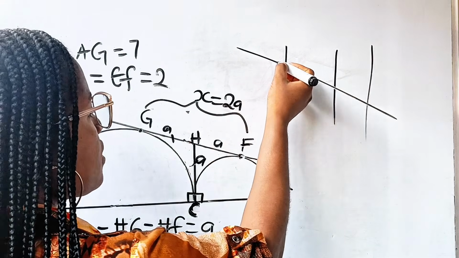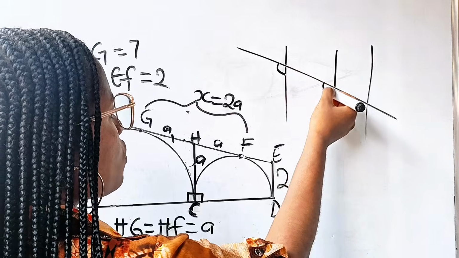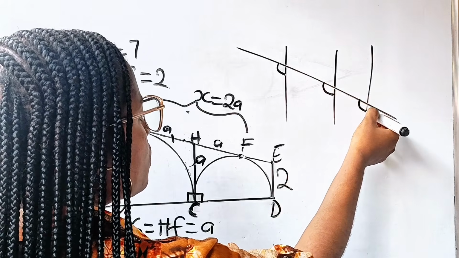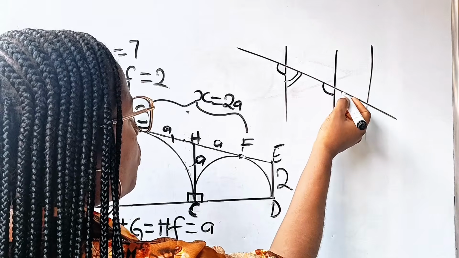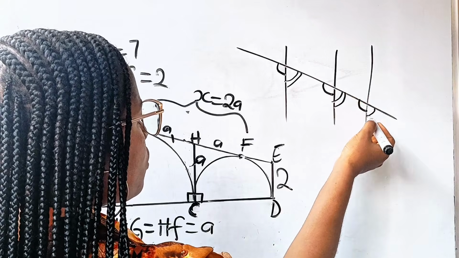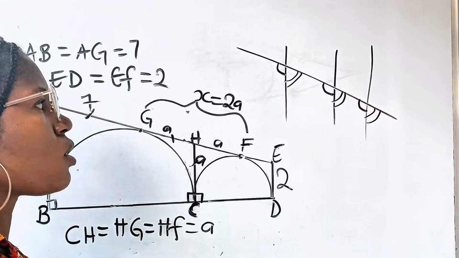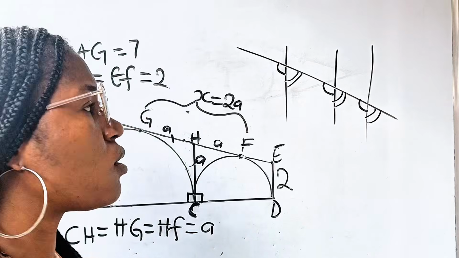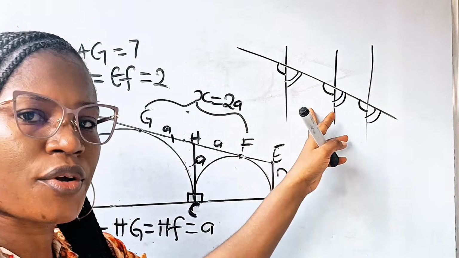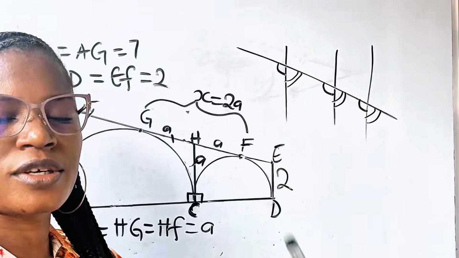So if I pick this angle here, it will be equal to this angle here, which will be equal to this angle here. The same thing, if I pick this angle here, it will be equal to this angle here and will also be equal to this angle here. So the parallel lines and the transversal create different angles, and one of them is the corresponding angle, and all corresponding angles are equal.